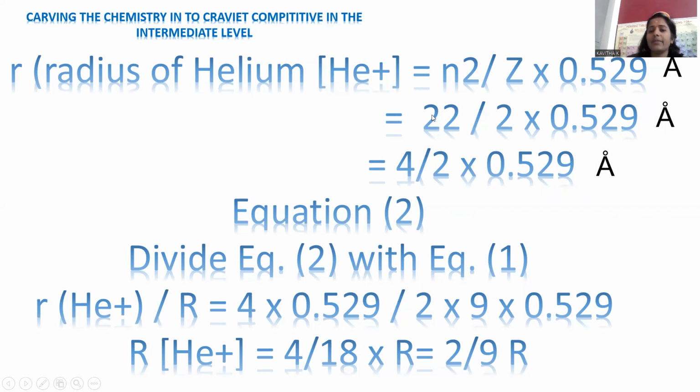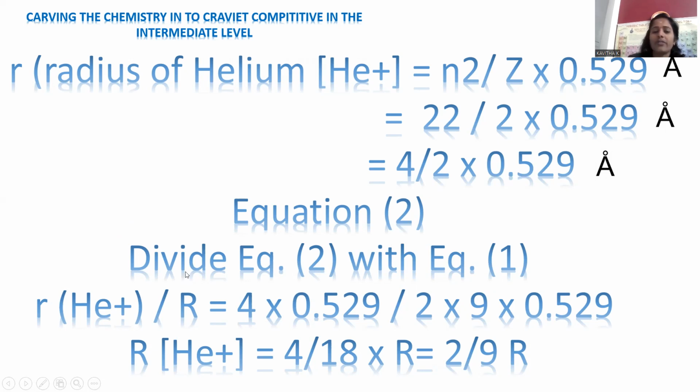That's why n can be taken as the second quantum number, 2 squared by Z. Helium has atomic number 2. So Z is taken as 2, giving 2 squared by 2 into 0.529 angstroms. 2 multiplied by 2 is 4. 4 by 2 into 0.529 angstroms. This will become equation number 2.